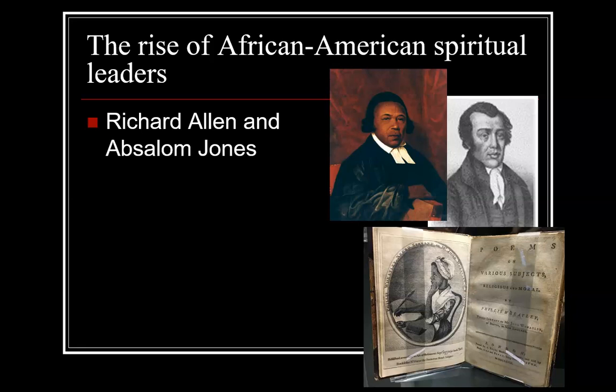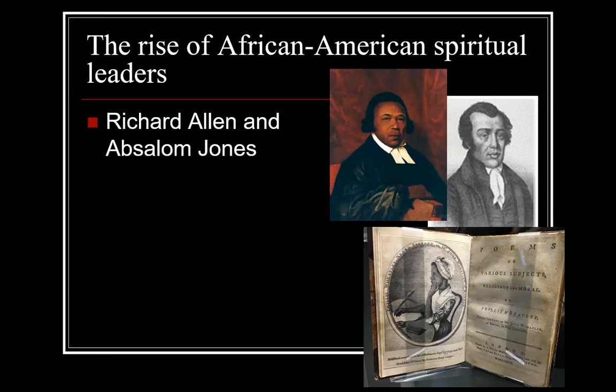He gains enough money to purchase his freedom and takes the last name Allen. He would start preaching and traveling, preaching to whites and blacks. With Absalom Jones, he would start the Free African Society, and this was a means for blacks to help each other out economically or in other ways.